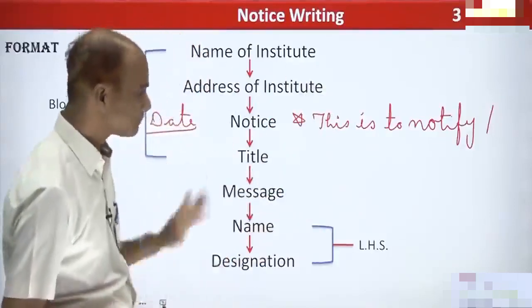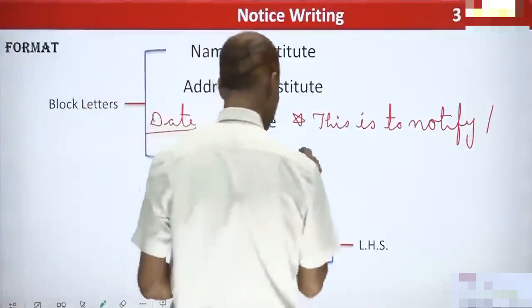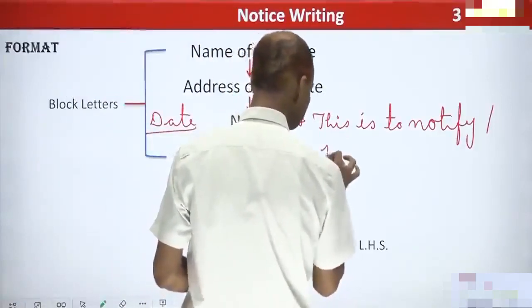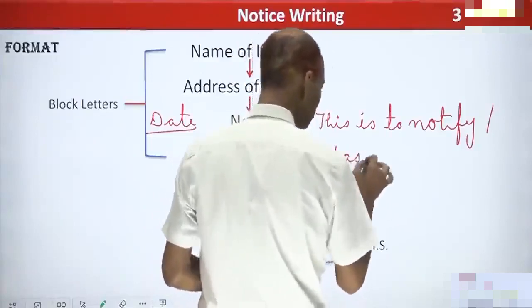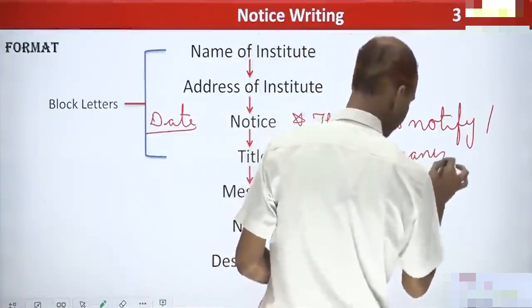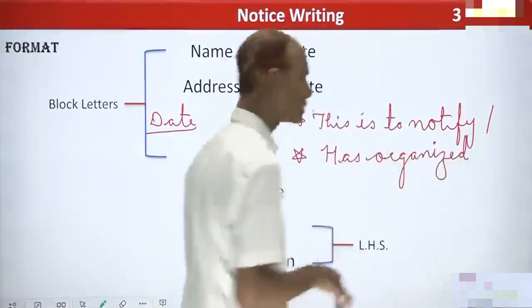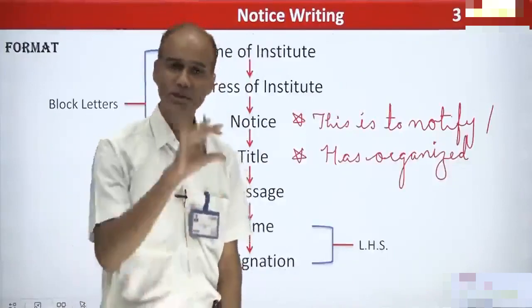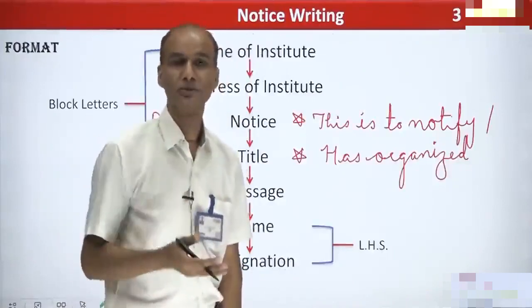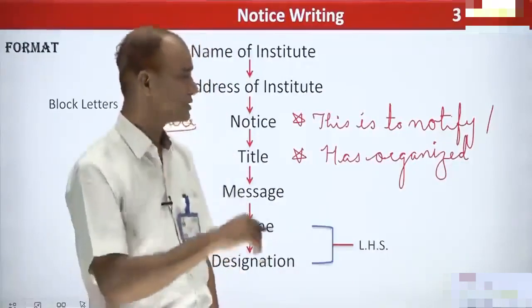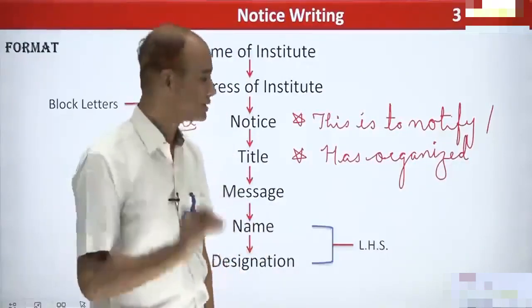So that is one. Now, the other mistake is you write has organized or have organized or has been organized or have been organized. So this is the language used by some of the students, and that too is quite wrong, or I must say outrightly wrong, and you must avoid this.